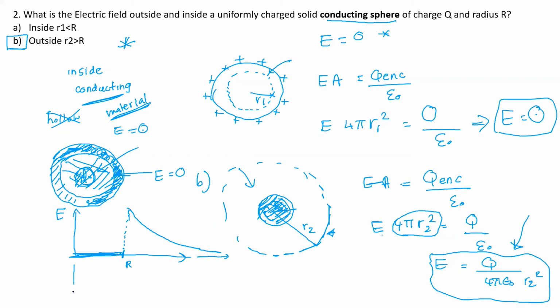So what about the previous problem? So this is the conducting solid sphere. In the previous problem we saw it was like this till R, and then it is the same thing as this.